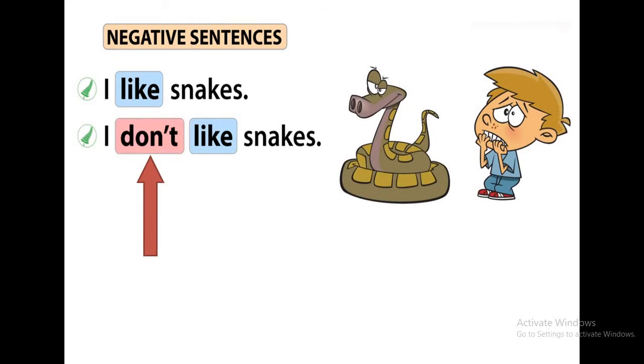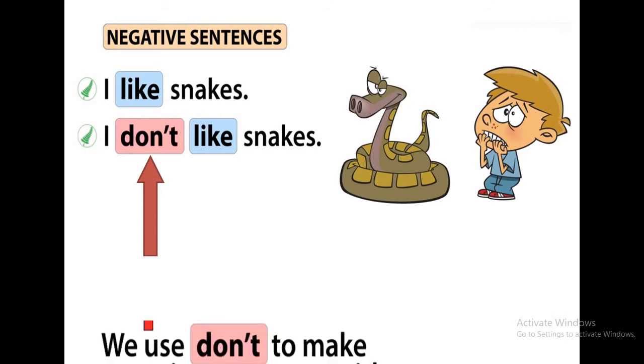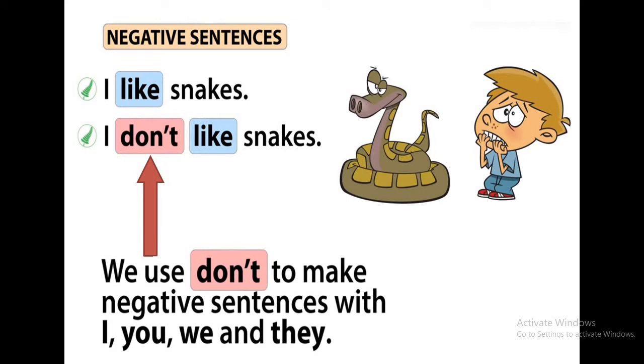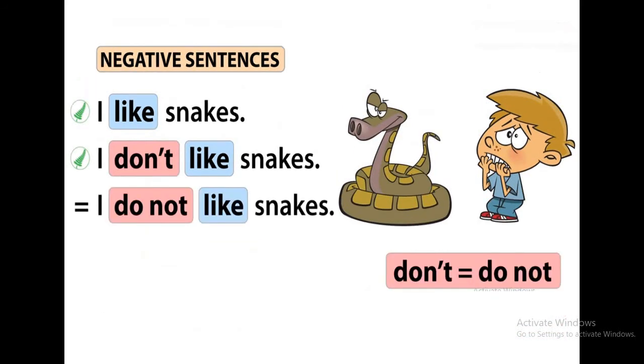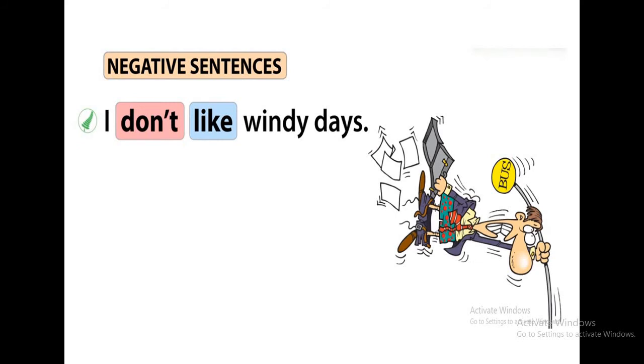So we use don't to make negative sentences in the present simple tense when the subject is I, you, we, or they. You put don't before the verb. I like snakes. I don't like snakes. Don't is the contraction of do not. So you can say I don't like snakes or I do not like snakes.